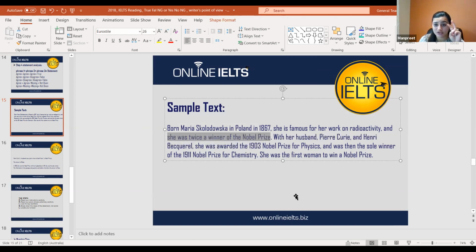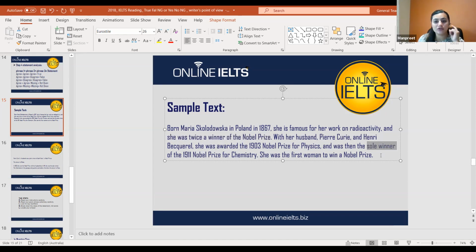Twice means she won it two times. With her husband, Pierre Curie, and Henri Becquerel, she was awarded a Nobel Prize, and was then the sole winner. After that, she got another Nobel Prize for chemistry, but she was the sole winner.